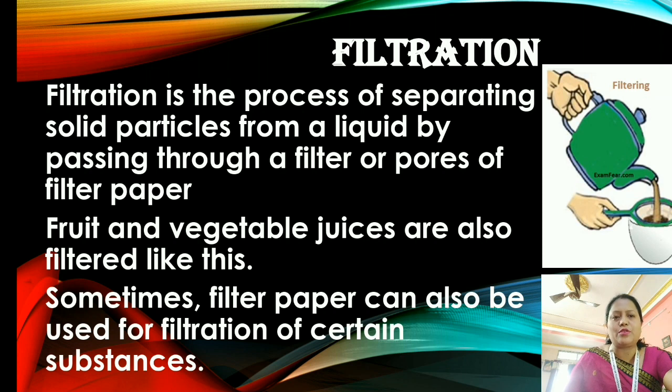Filtration is the process of separating solid particles from a liquid by passing it through a filter or pores of filter paper. Fruit and vegetable juices are also filtered like this. Sometimes filter paper can also be used for filtration of certain substances.